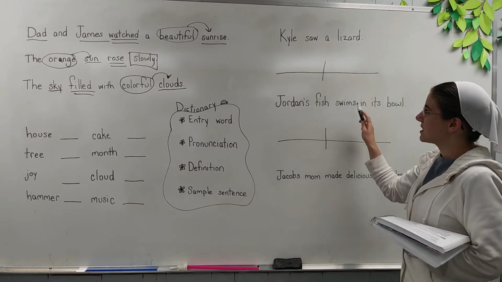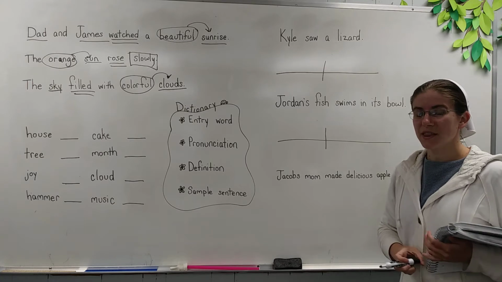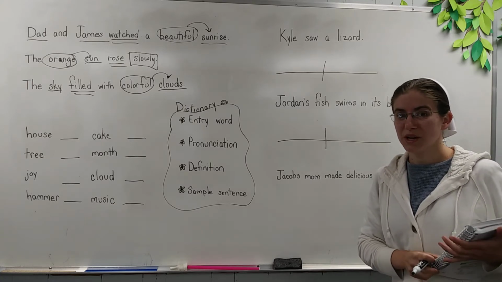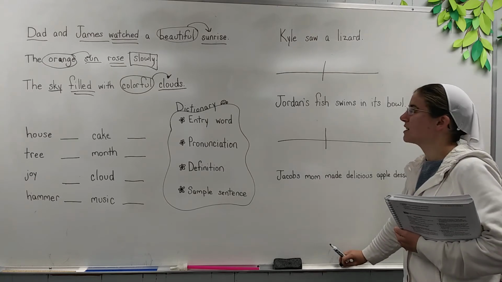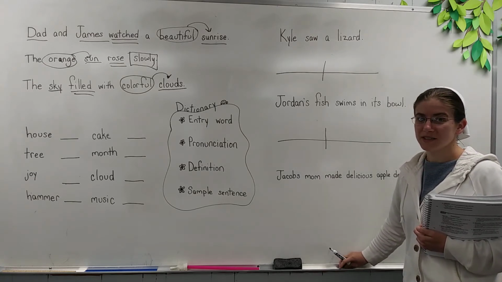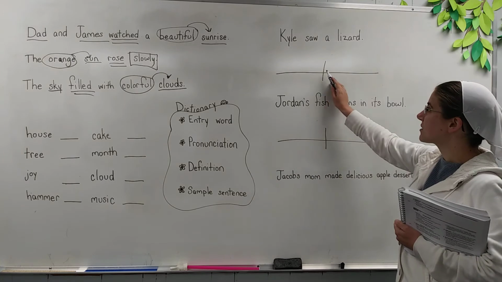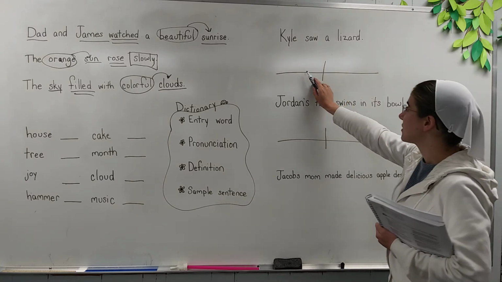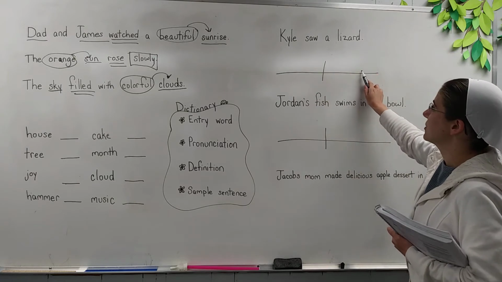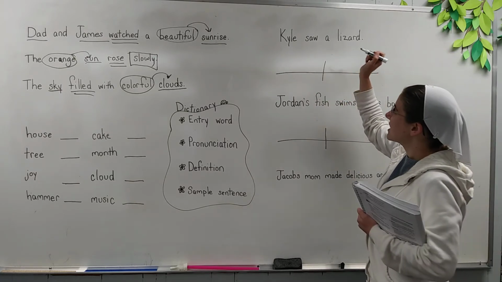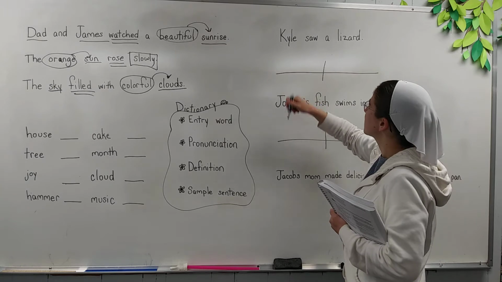Now, let's move on to these sentences here. We're going to underline the noun once, the subject once, and the verb twice. And then we're going to diagram the sentence. So when we diagram, remember we put the noun on the left side in the left room, and we put the verb in the right room. So let's go ahead and underline this.